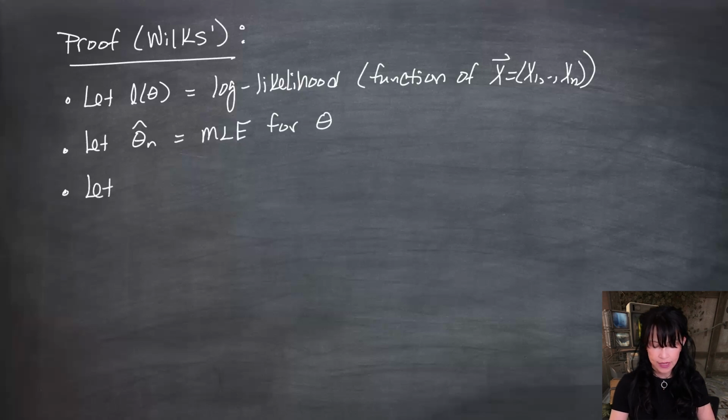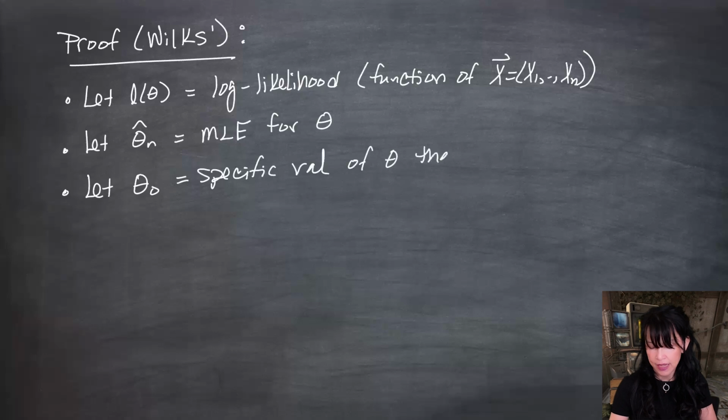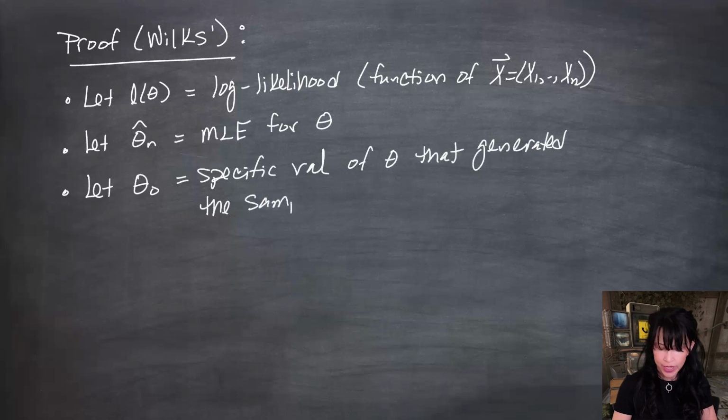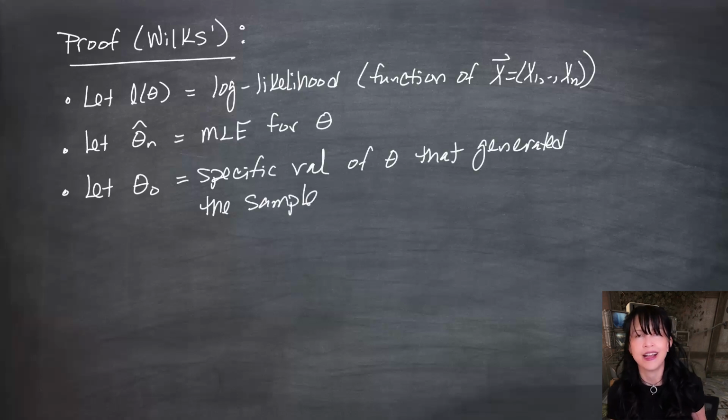I'm going to let theta naught be the specific value of theta that generated the sample. We usually say x1 through xn are IID with parameter theta, but when we work with likelihoods, we're thinking of theta as a variable.